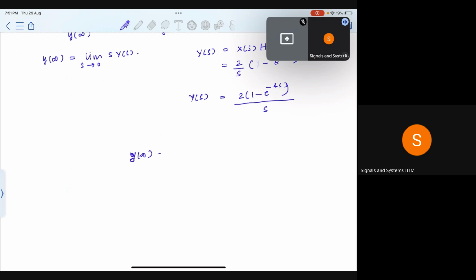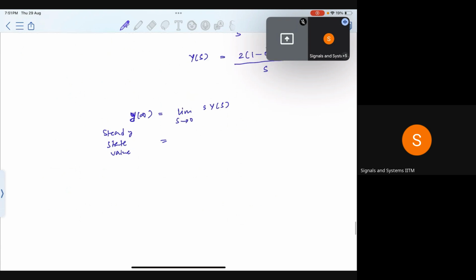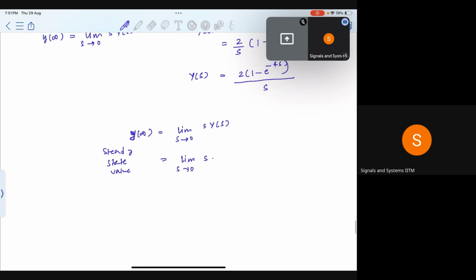For the steady state value y infinity, using the final value theorem, limit s tending to 0 of s times y of s. You just have to evaluate this.